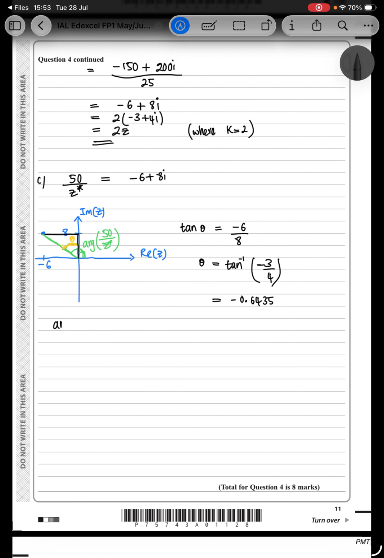So we can say that the argument of 50 over z complement will be equal to pi by 2 plus 0.6435, which is 2.21429 and so on.